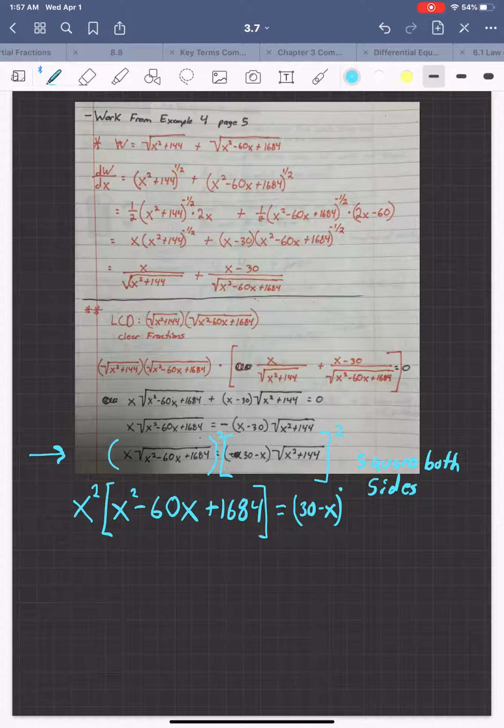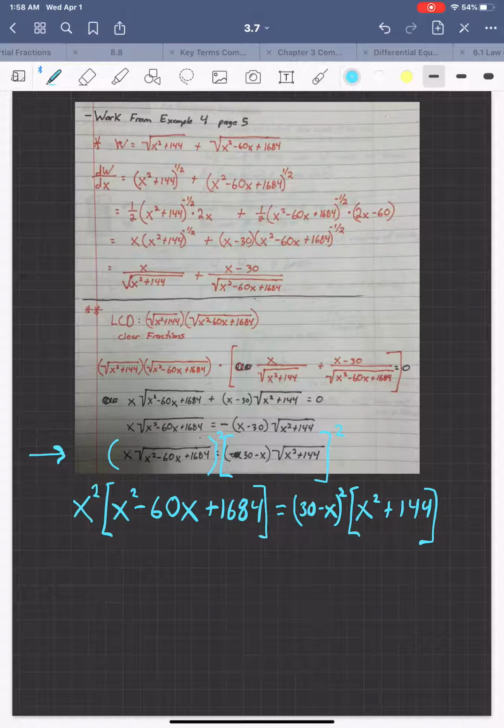So now that's squared. And now let's actually get rid of that last radical, so times x squared plus 144. Okay, so squaring both sides got rid of my radicals.